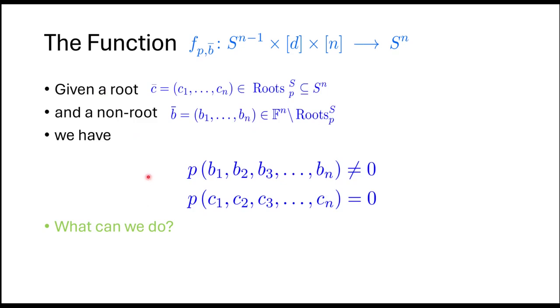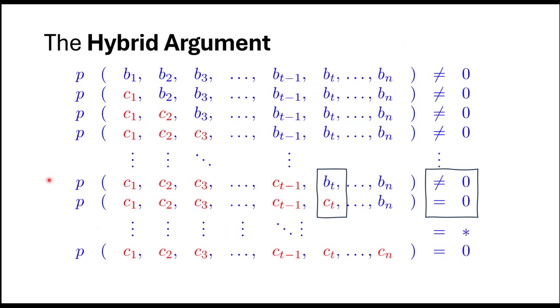Now, what can we do? You can think for a second. What does it resemble from computer science theory? This resembles the setup of a hybrid argument, and this is what we do. We define the hybrid argument as follows.